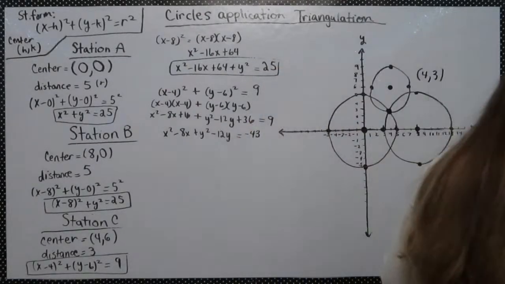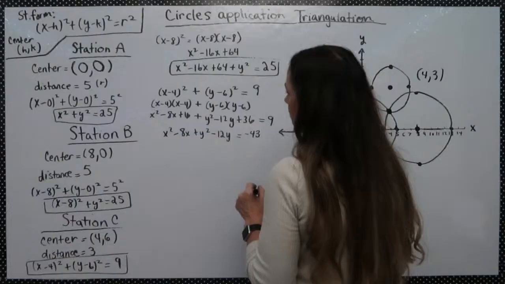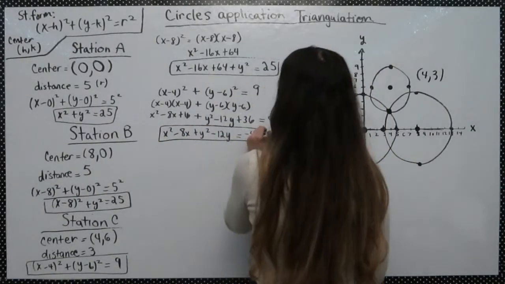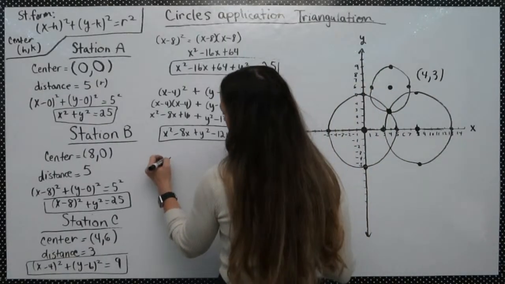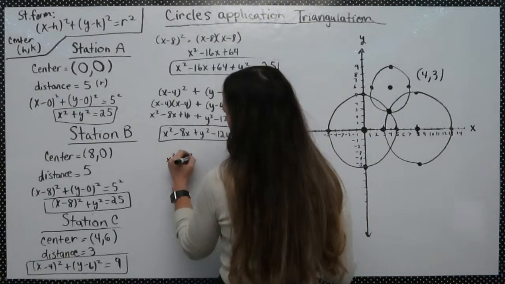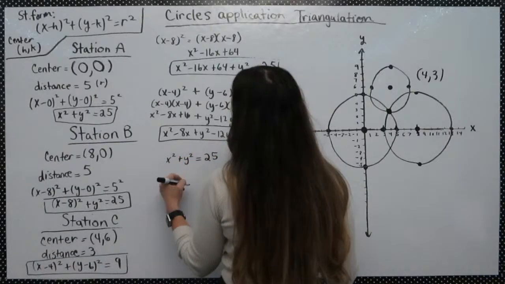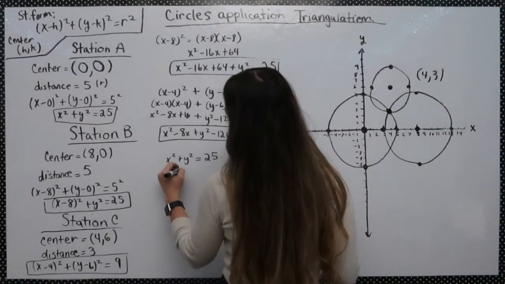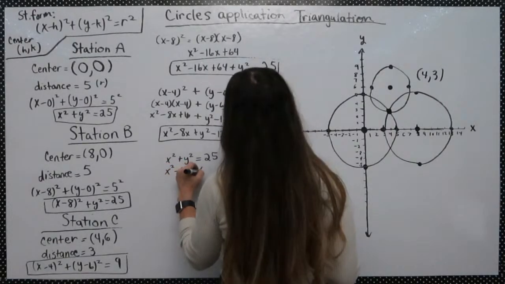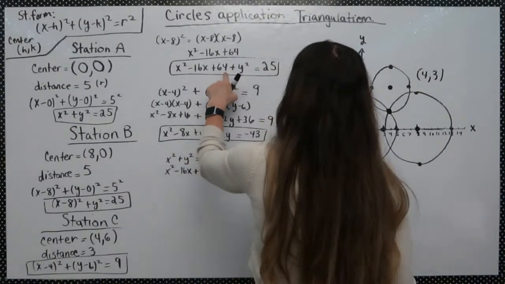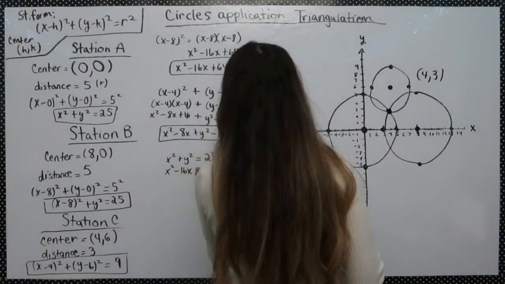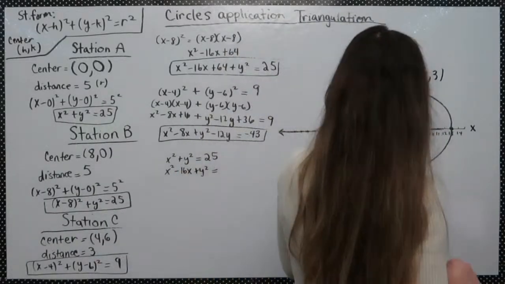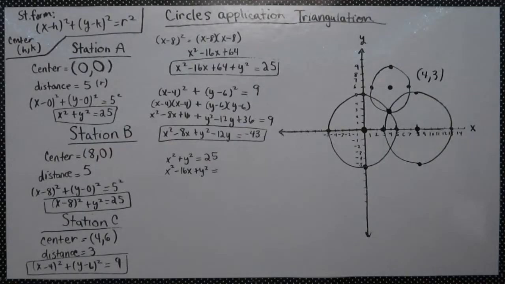All right, so I have those. We've got these 3 equations, so we have a system here. So we've got x² + y² = 25. We have x² - 16x + 64. Oops. Let's go ahead and combine those constants. This is y² = 64 - 25.